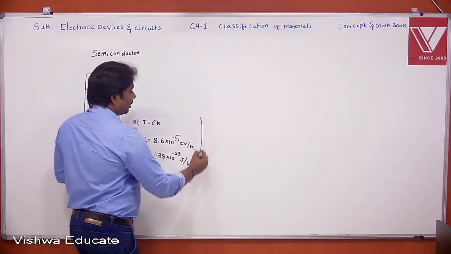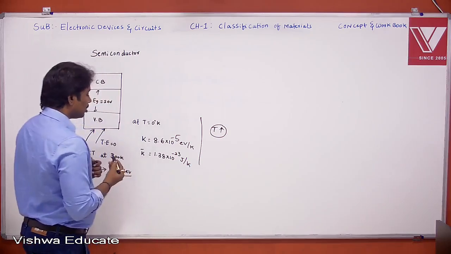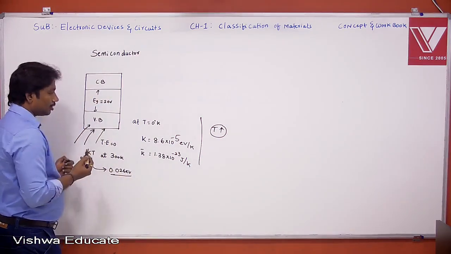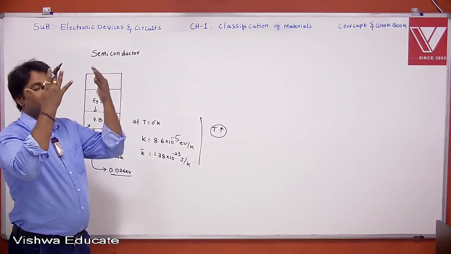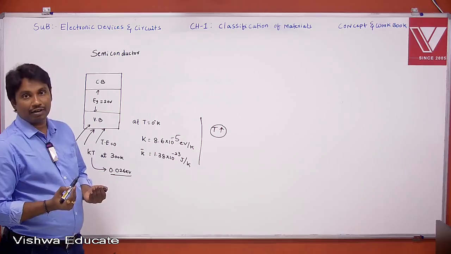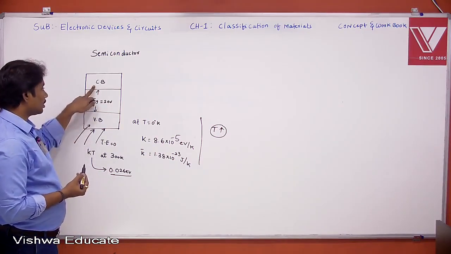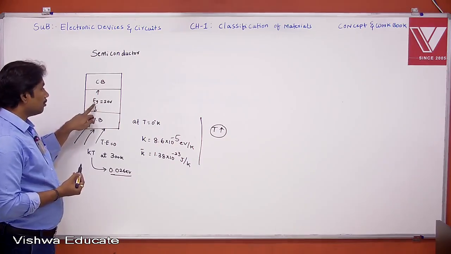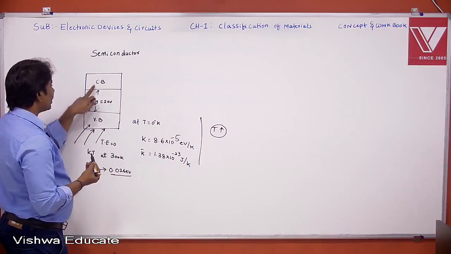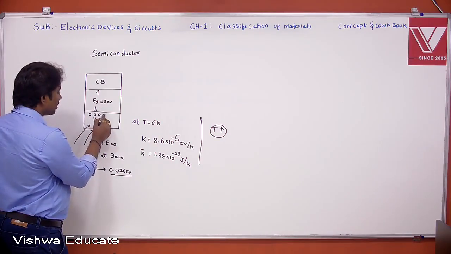See, if the temperature increases, what happens? Thermal energy is supplied to the valence electrons. All valence electrons acquire thermal energy. After acquiring sufficient thermal energy, which is greater than the energy gap, the valence electrons move from the valency band to the conduction band. Then vacancies are created in the valency band.